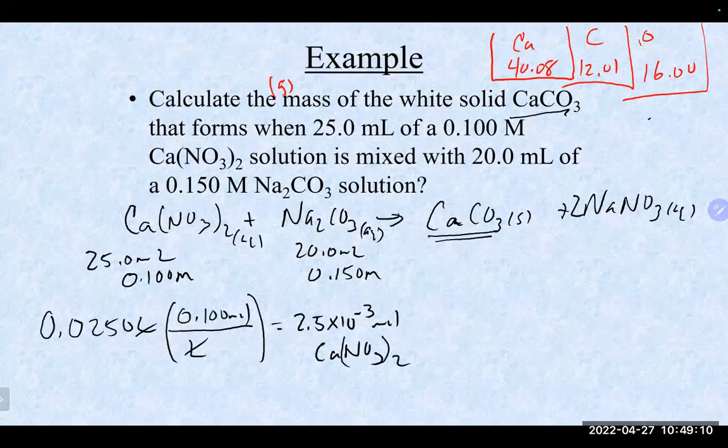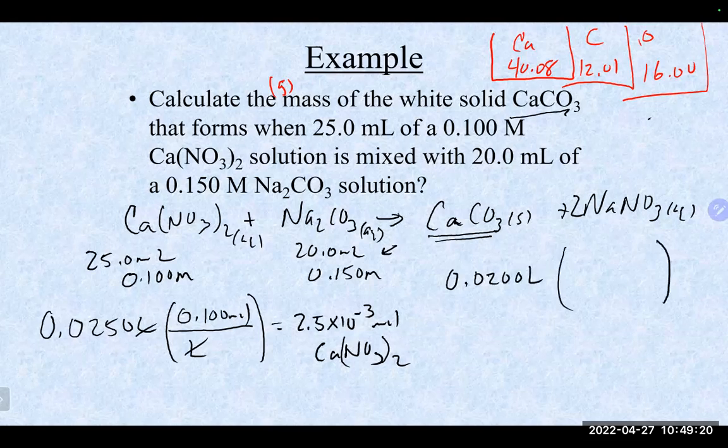We would do the same calculation here for our sodium carbonate. Again, dividing the 20 there by 1,000 gives us 0.02 liters, times it by the molarity of our sodium carbonate, which is 0.15 moles per liter. A reminder that you probably want to get rid of the big M and use both of the units so you can see it.